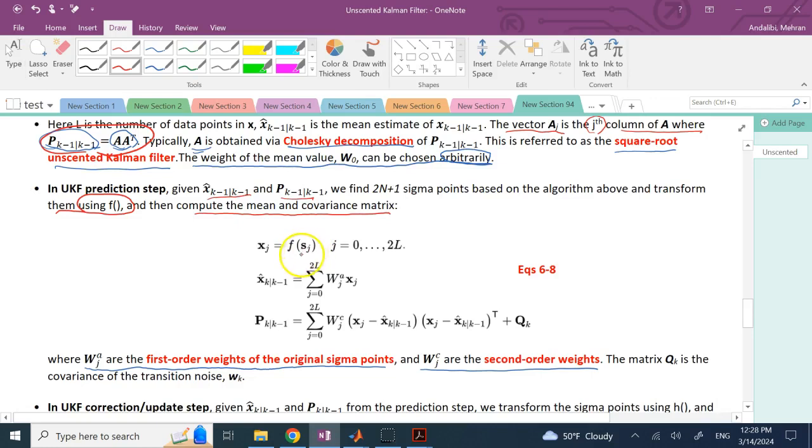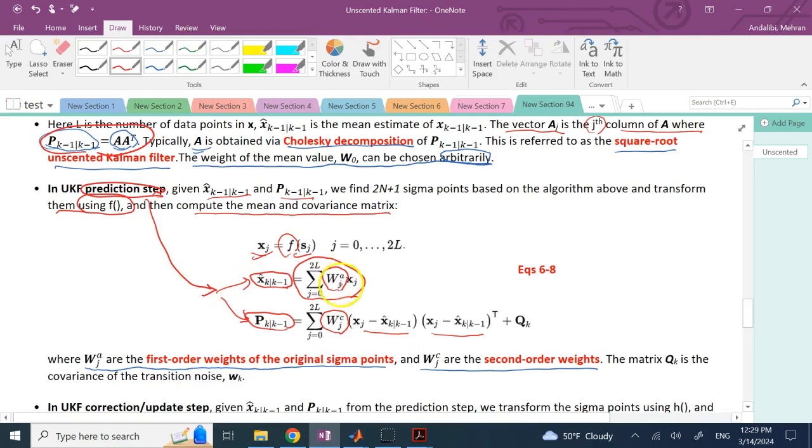So if you pass these sigma points through f and call the result xj, then you weight these xj's using those waj's, and that will give you the predicted new average. And then using the wcj's and this covariance formula, you get the new predicted covariance matrix. These two are only the prediction step.